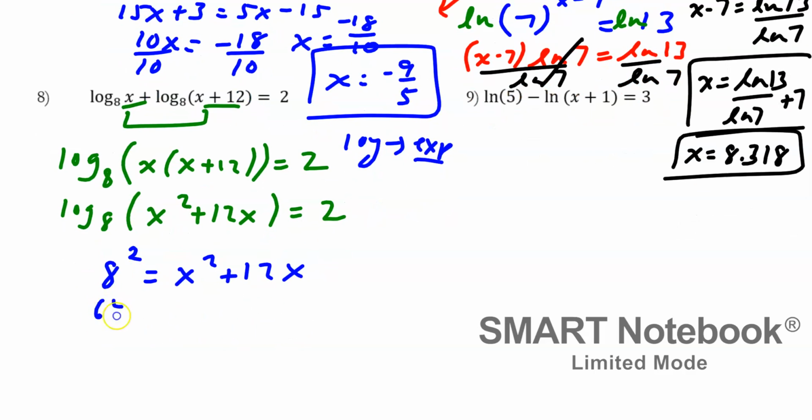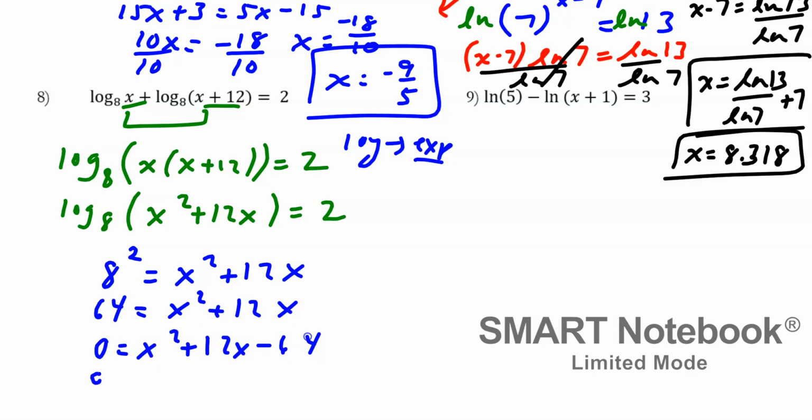So we have 64 equals x squared plus 12x. 0 equals x squared plus 12x minus 64. Factor this. 16 and 4. Positive, negative. So two possible answers are negative 16 and positive 4.